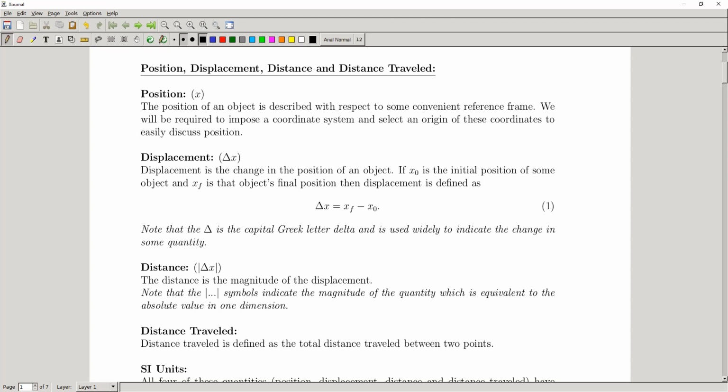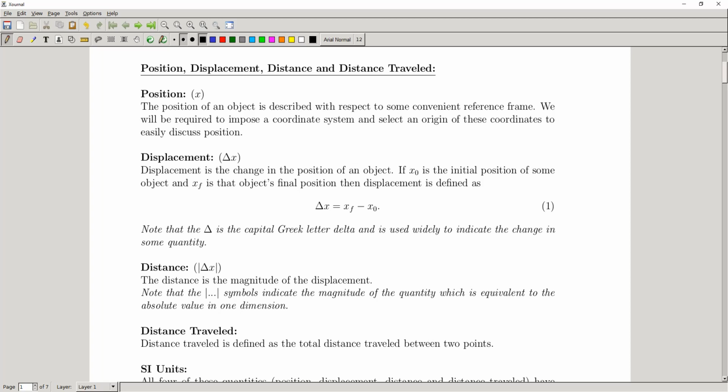We're only interested in how far this thing has traveled. So it's the absolute value of delta x. Again, note that this absolute value indicates the magnitude of the quantity which we're looking at, and in one dimension, the magnitude and the absolute value are the same thing. We're going to see other examples as we move on in subsequent chapters.